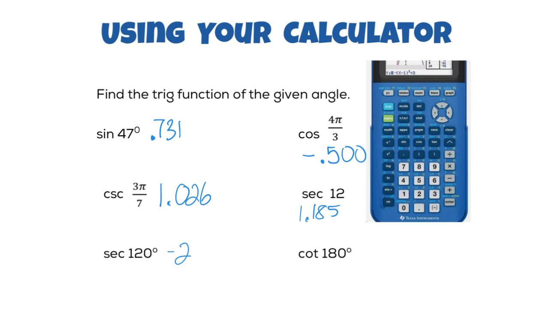Now I'm doing the reciprocal, so hit your reciprocal button, press enter, final answer. Oh, wait a minute. Did you get an error? Yes, you did, because when you did tangent, you got a 0, and the reciprocal of 0 is undefined because it pops your 0 that's in the numerator to your denominator, and that's undefined. So if you get an error, don't freak out. It's just an undefined situation.